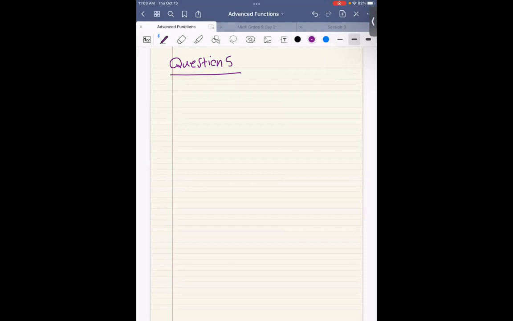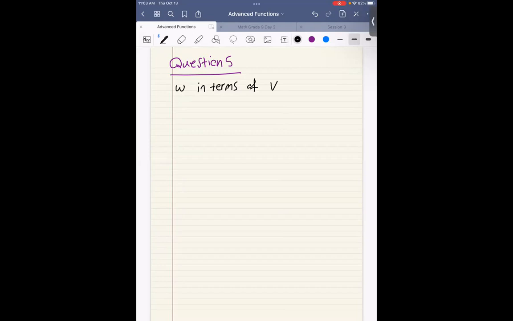It says to derive an equation for angular velocity, angular velocity in terms of linear velocity. Omega in terms of v. Omega is the angular velocity and v is the linear velocity. So what do we know?